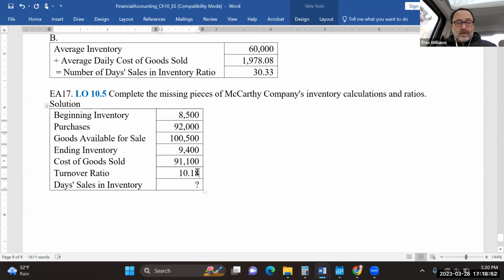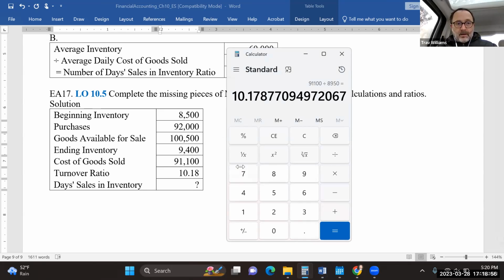Okay, the number of days sales in inventory. Well, we need cost of goods sold divided by 365. That gives us our average daily cost of goods sold, 249.59, right? Okay.